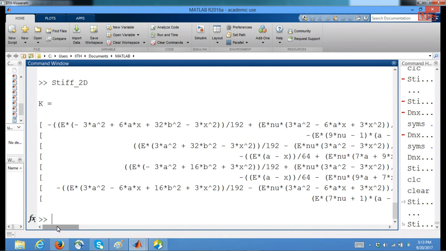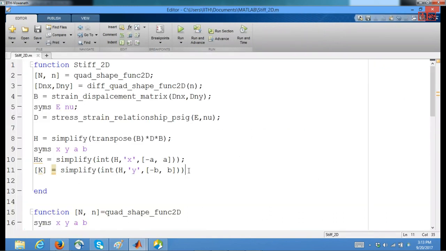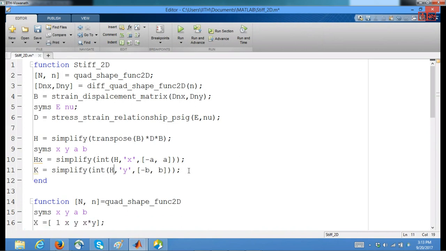So this is how you try to integrate it and get the things. So our stiffness matrix can be, sorry, this is hx. Sorry about that, so we have to integrate it again. So let me put it as K matrix.